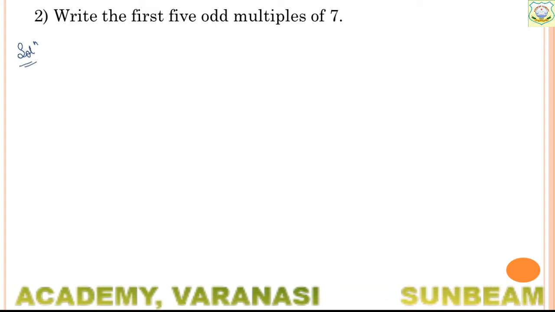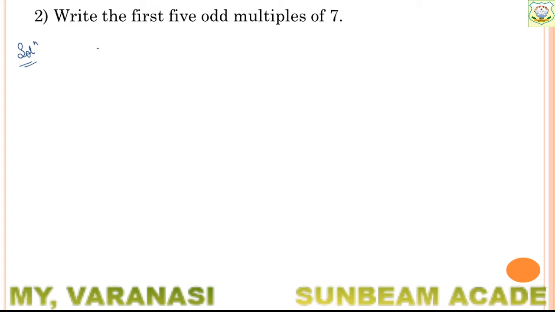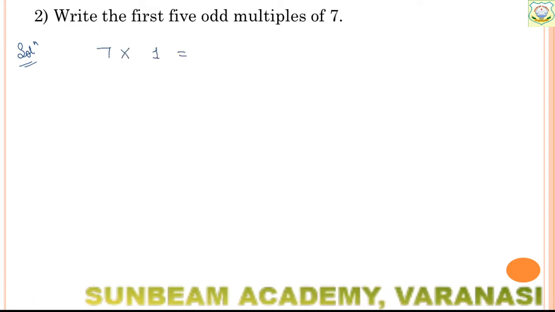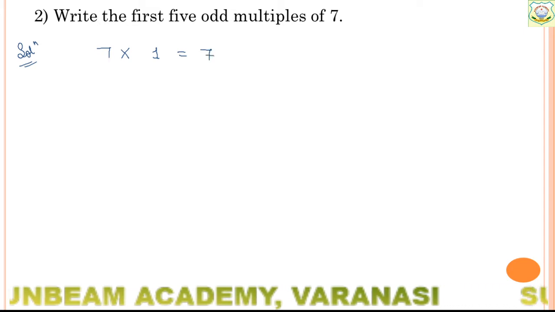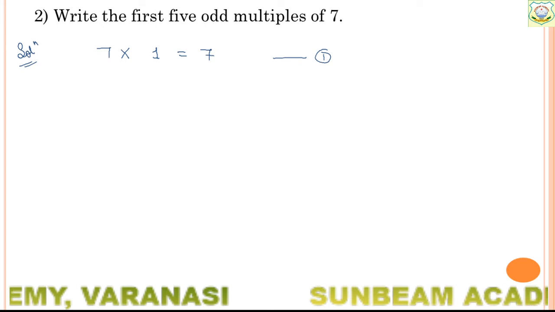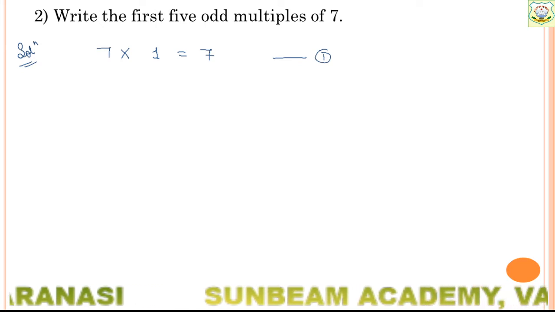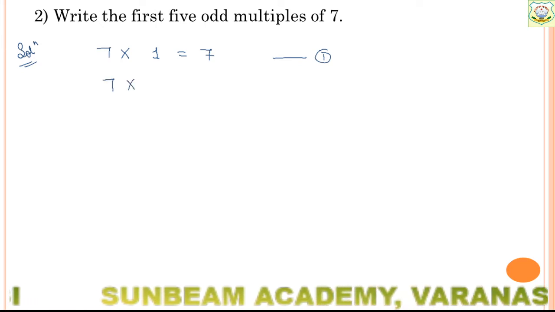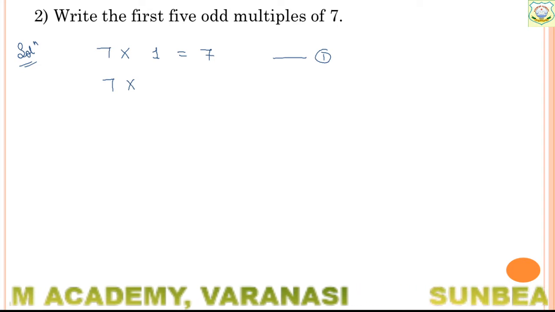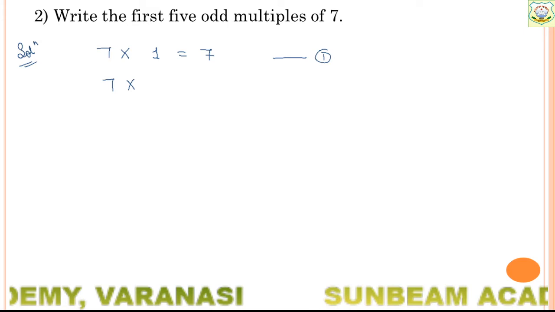Okay. Now first we will write 7 multiplied by 1 is equal to 7. We got the first odd multiple. Now if we do 7 multiplied by 2, then we will get 14 as the answer. So is 14 an odd number or even?